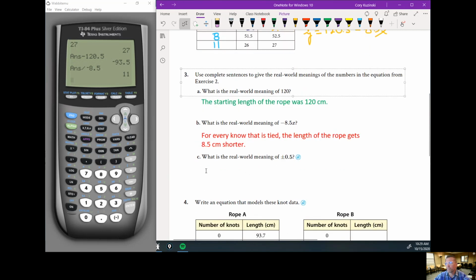Now, what's the real world meaning of the plus or minus 0.5? I would say this is the margin of error.